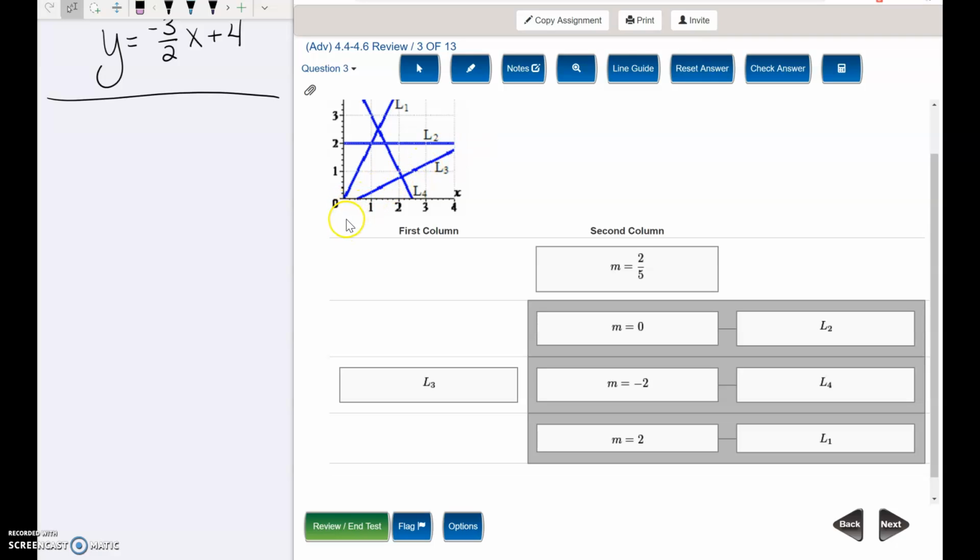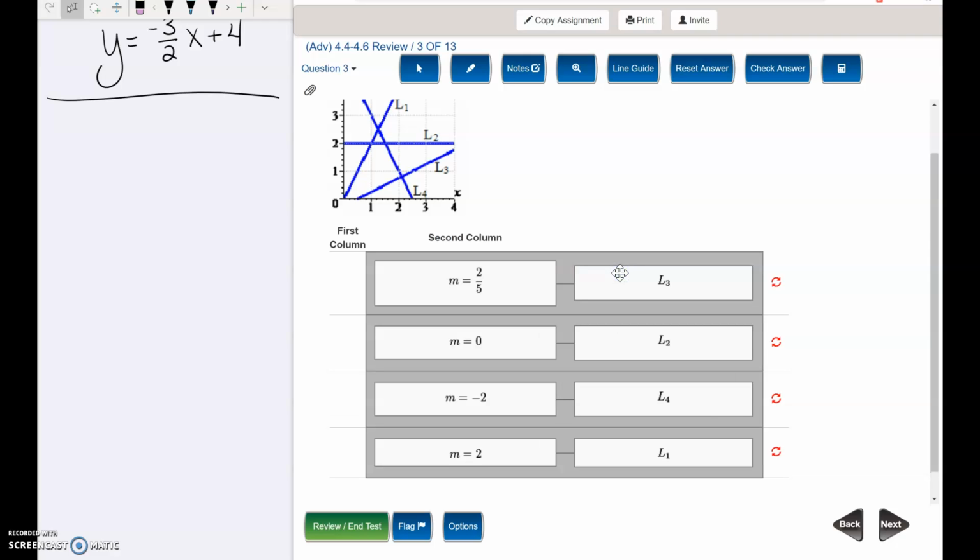It definitely looks like it maybe starts down here at 0, -1, and goes up 1, 2, and then over, well, it's the only one left. It matches with 2/5. I don't like this picture. I think the picture on your test is much better than this picture. It's got more detail than this picture does.